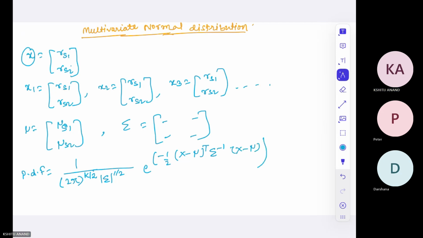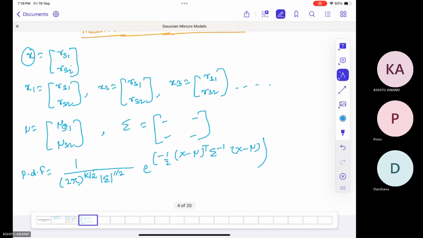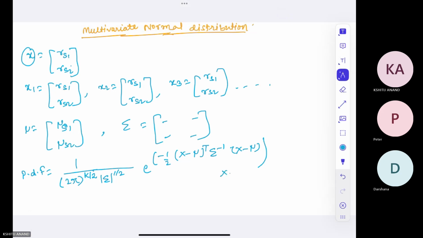Okay. So what is the size of this X matrix? The size of this X matrix is k rows and one column, so k into 1. What is the size of the mu matrix?